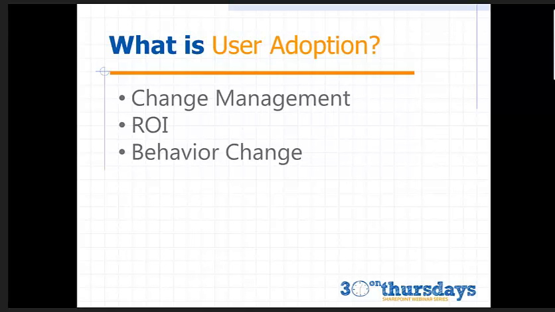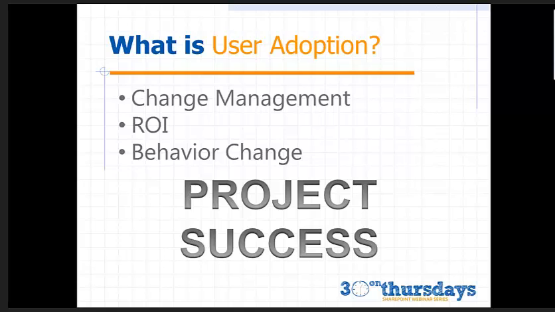Very often you run into people who won't quit smoking until someone close to them dies of lung cancer, and then they decide to quit smoking. So behavior change has to be personal to get it to happen, and that's what user adoption is all about. If you can manage to put these three things together, you will have a successful project.